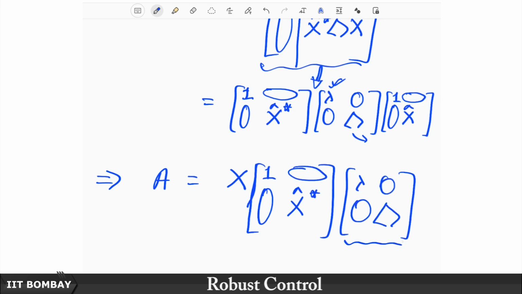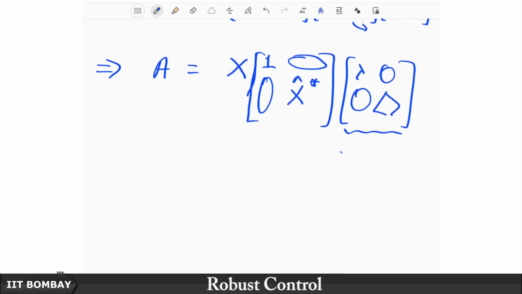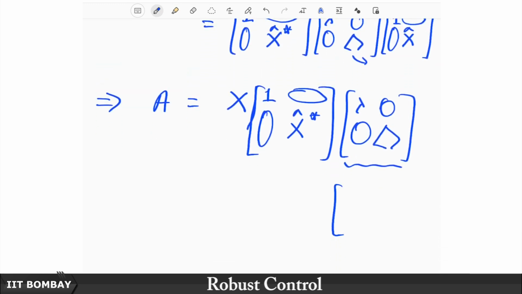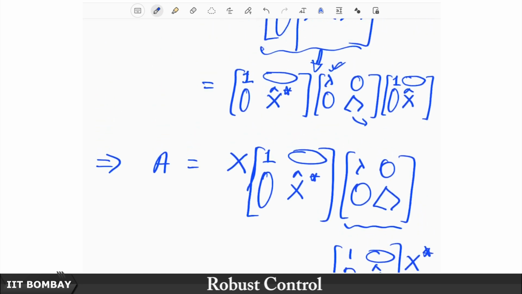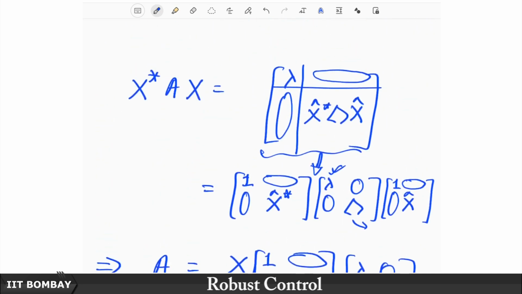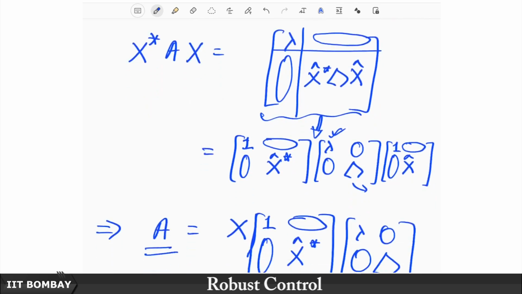So this is our overall diagonal matrix, and on the right we have 1 0 0 x hat times x star. Okay. So therefore, we have that this matrix A, which belongs to H q, can always be diagonalized.